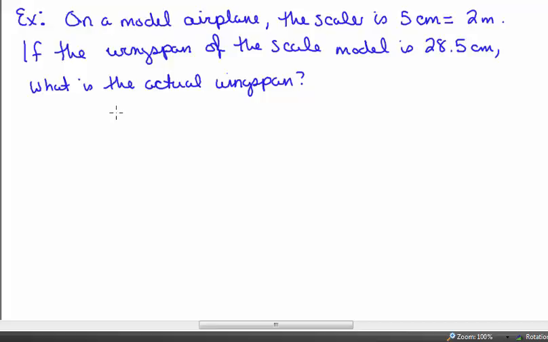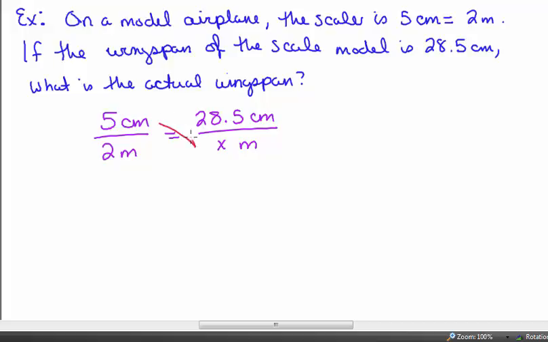So first we need to set up a proportion. 5 centimeters is 2 meters, and on the model we have 28.5 centimeters, and we don't know how many meters. So we cross multiply, and I get that 5x is equal to 2 times 28.5 is 57.